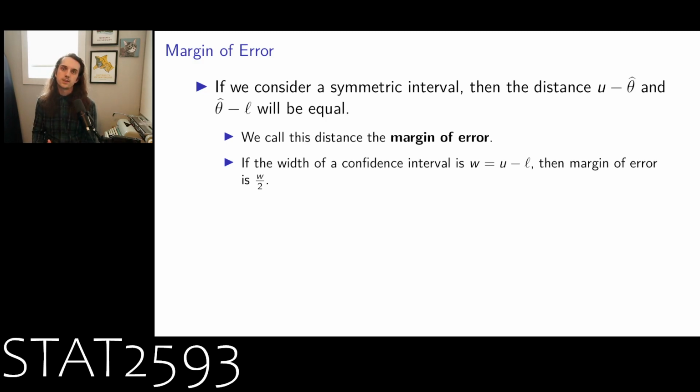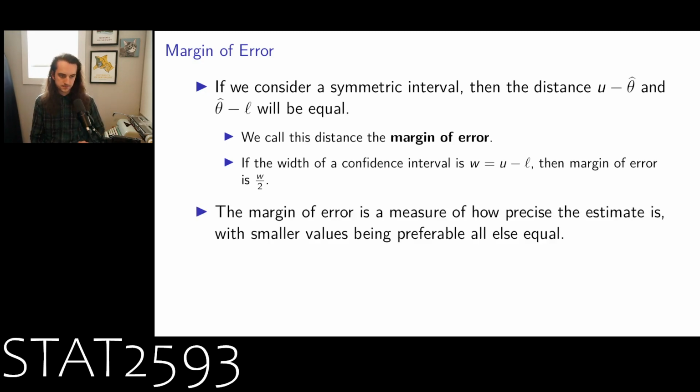If we define the width to be w, the margin of error is w over 2. The margin of error gives us an estimate of how precise our point value is. We'd prefer a smaller margin of error if everything else is equal. If we have a very small margin of error, then we're fairly certain in that point estimate. If we have a very large margin of error, we're not so certain.